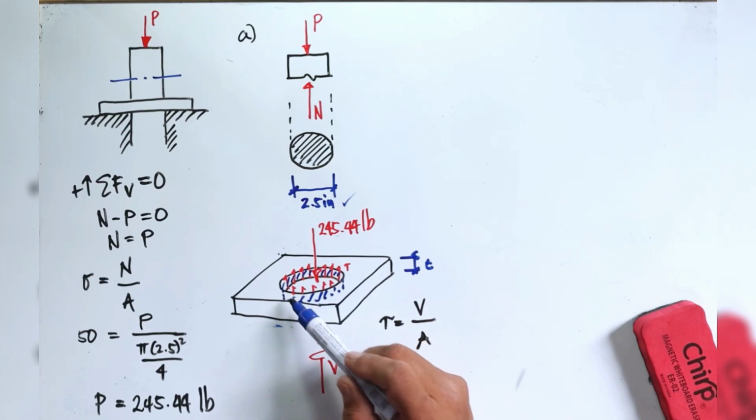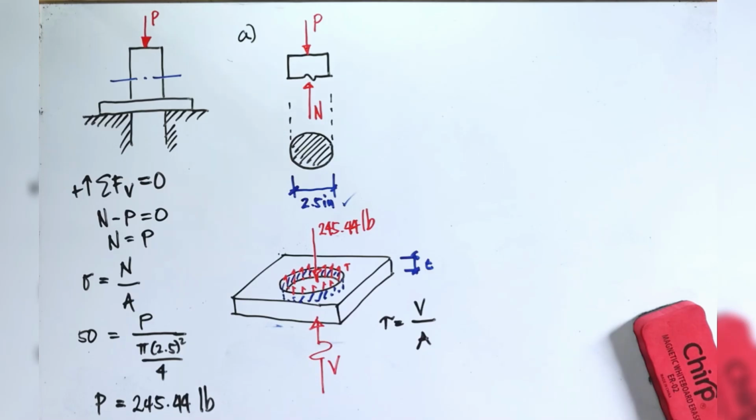That is just the circumference multiplied by the thickness. So the area is the circumference times the thickness t.